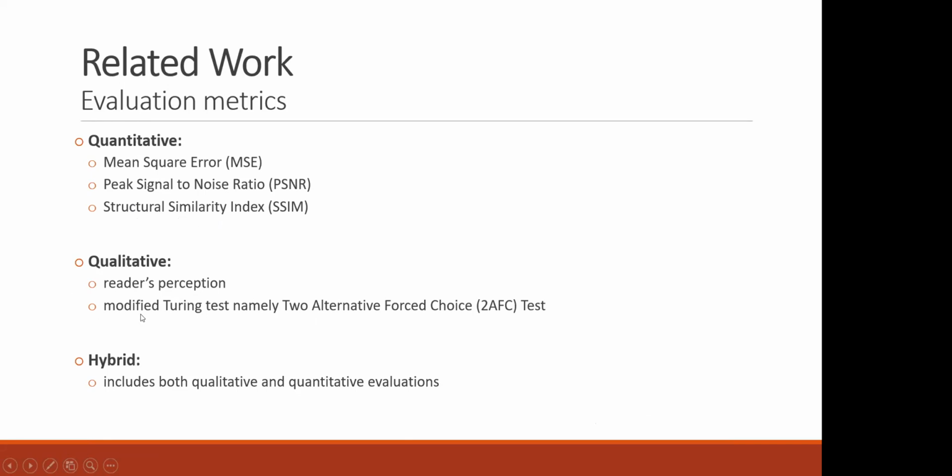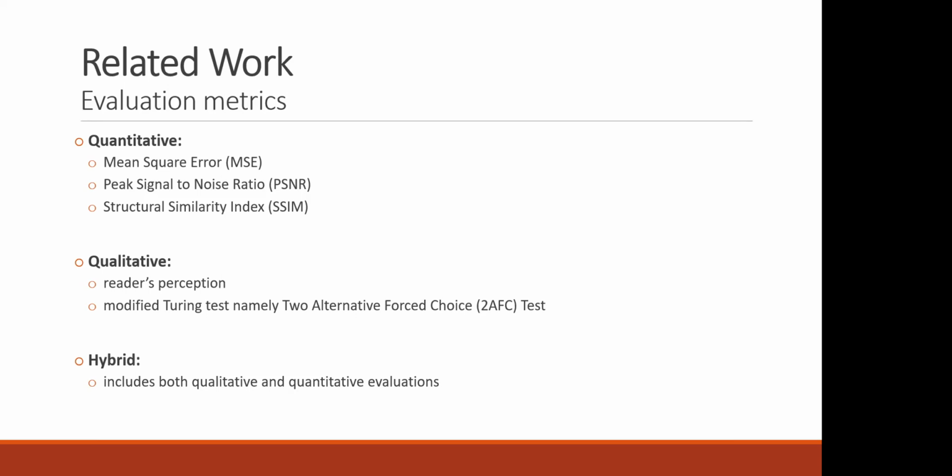In qualitative metrics, you have a modified Turing test, namely the two alternative forced choice tests. The human subject is presented with two options and asked, which of these do you prefer more? Most of the existing work uses a combination of the approaches such that the model performance can be concretely and robustly visualized.